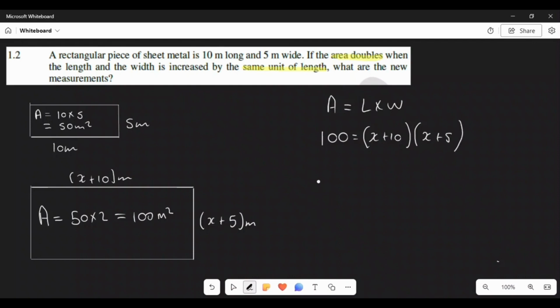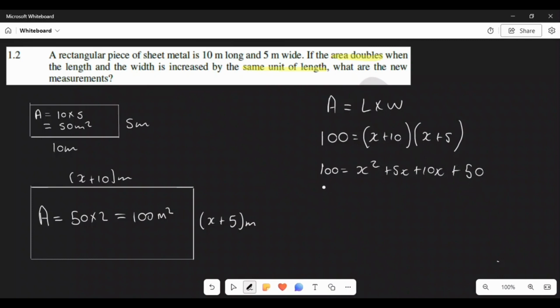There we go. So from here we have to do the FOIL. So we have 100 equals x multiplied by x, we have x squared, and then x multiplied by 5 is plus 5x, x multiplied by 10 is plus 10x, and 10 multiplied by 5 we have 50.